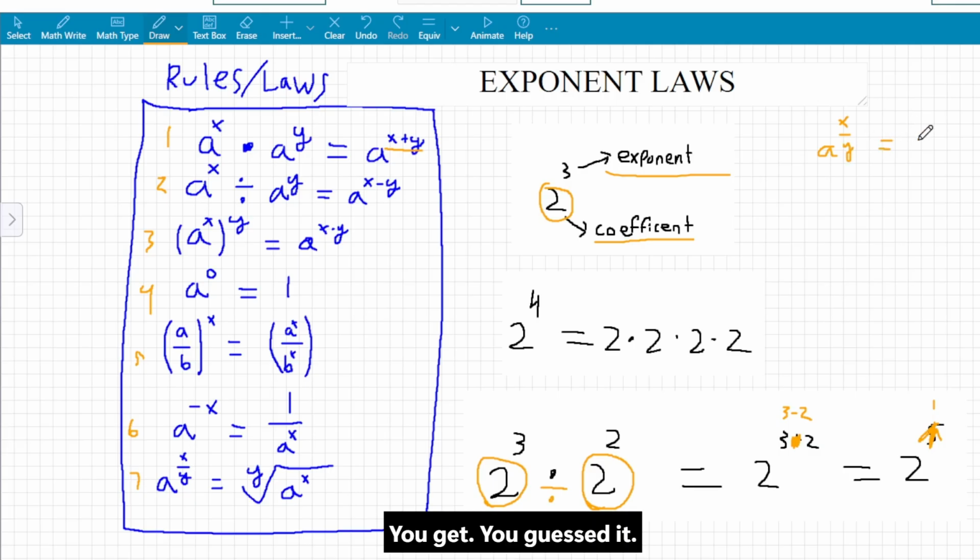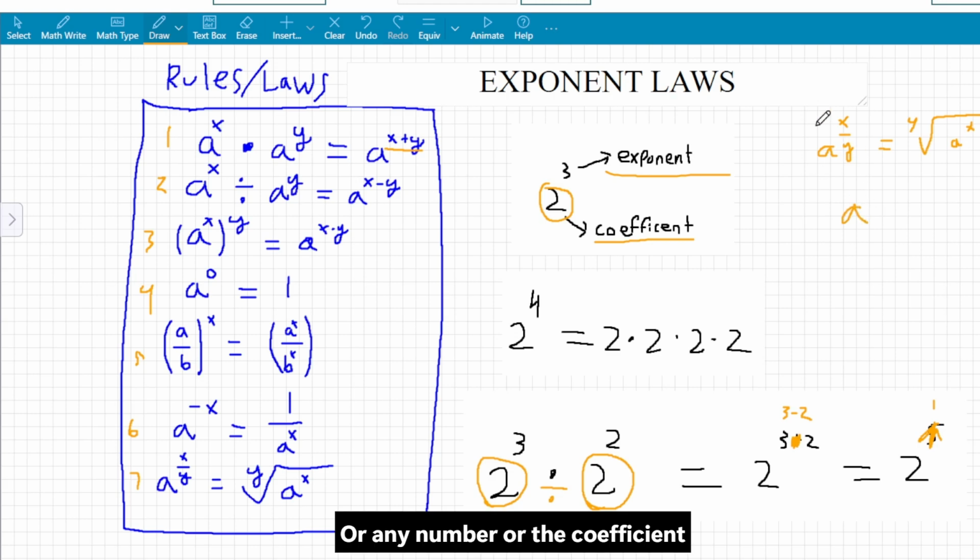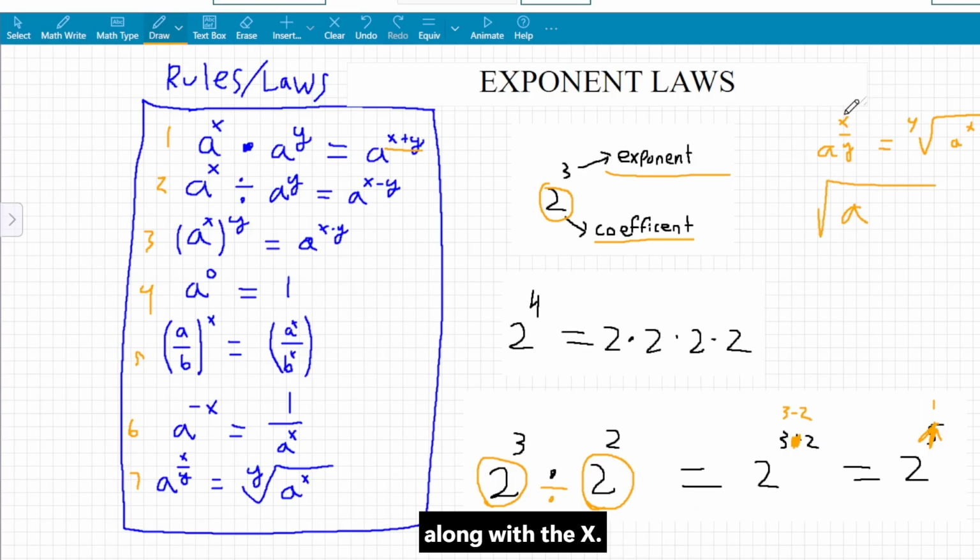Basically, the a, or any number, or the coefficient gets put in a square root along with the x as the top power, and you move the y out.